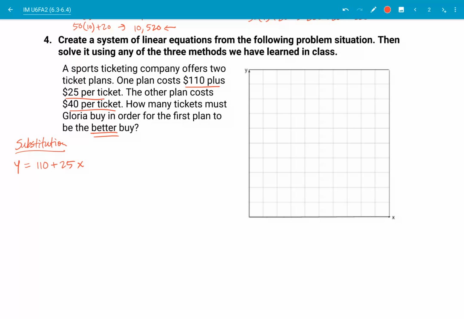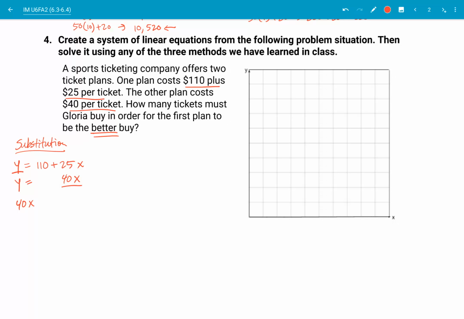The other plan, the money that we pay in the other plan is y. We'll say that's equal to just 40x, 40 times the number of tickets. Okay, so if y equals 110 plus 25x and y also equals 40x, then these are both equal to each other. In this top equation, instead of writing y, I can write 40x.